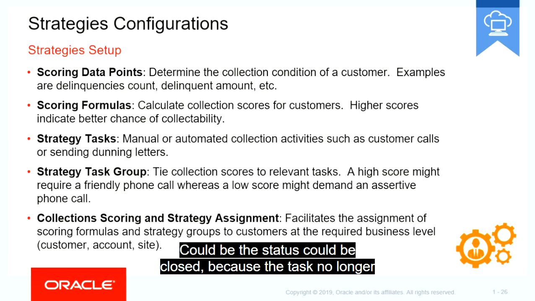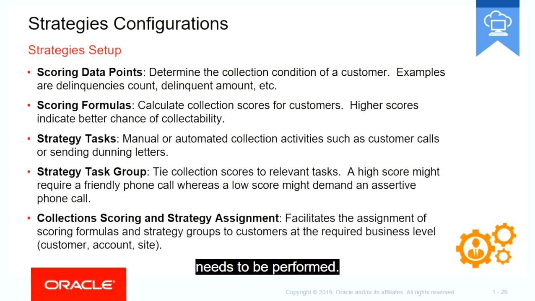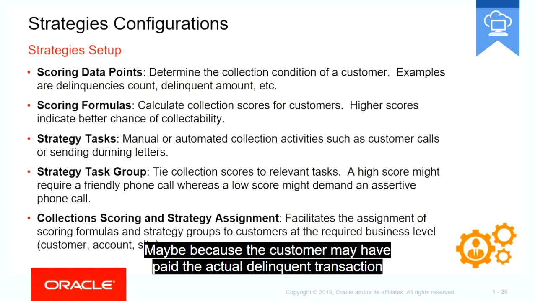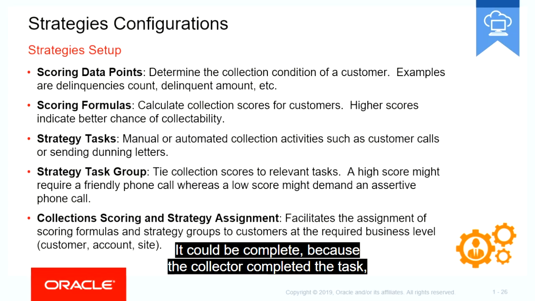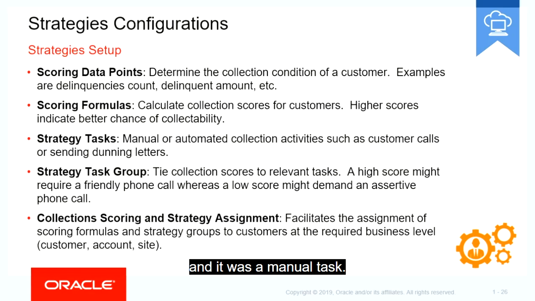The status could be closed because the task no longer needs to be performed, maybe because the customer had paid the delinquent transaction in full. It could be complete because the collector completed the task and it was a manual task. So tasks have statuses. That's important to know.